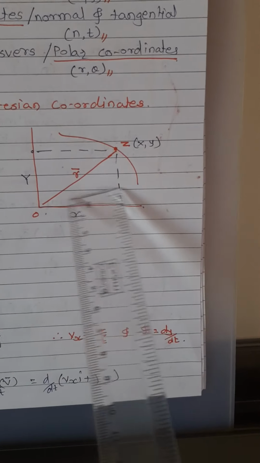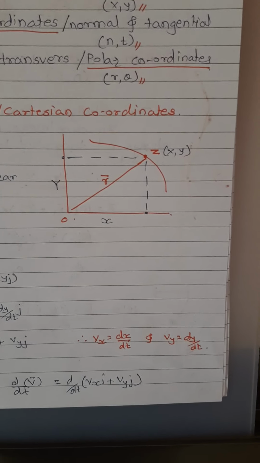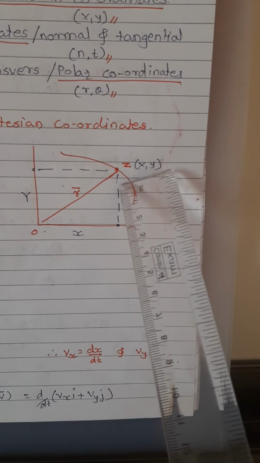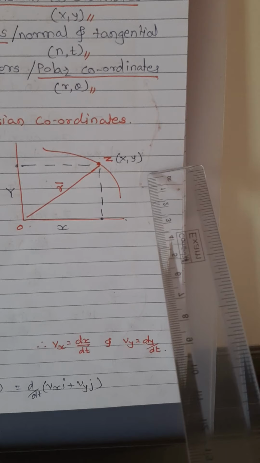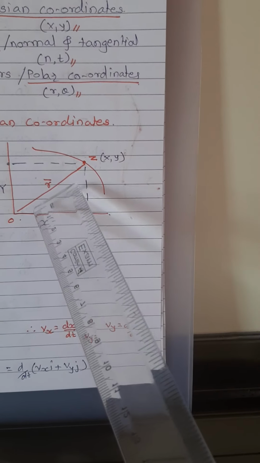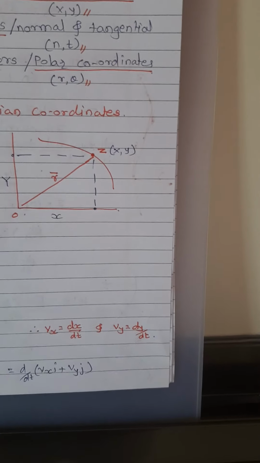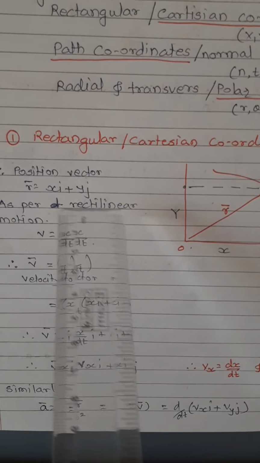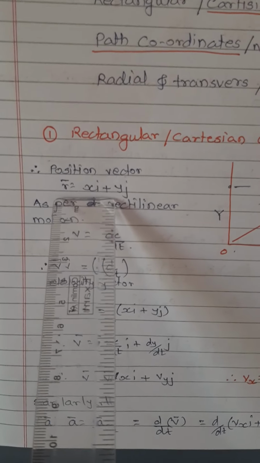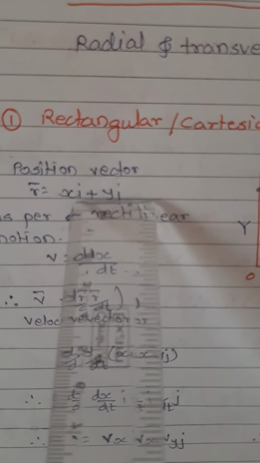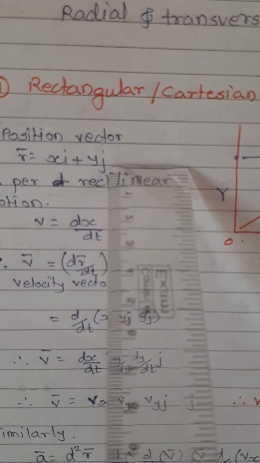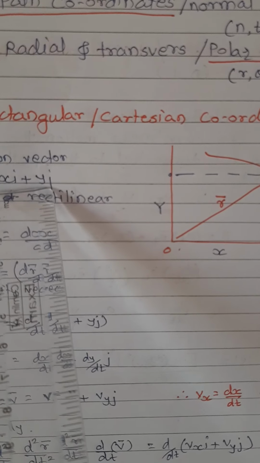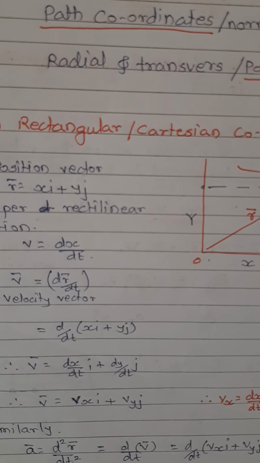This is the xy plane, and in this xy plane, if we consider a particle to be at a point whose coordinates are x and y and whose position vector is denoted as r bar, in that case that position vector will be written as r bar = xi + yj, where i and j are the unit vectors along x and y axes.